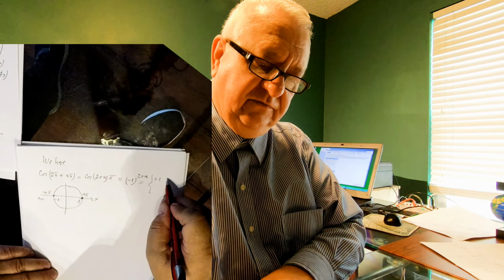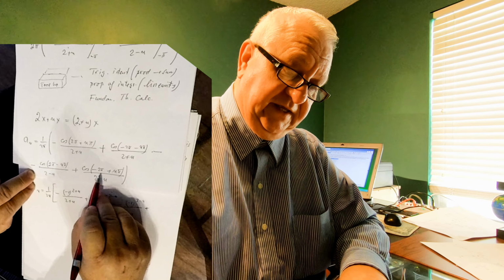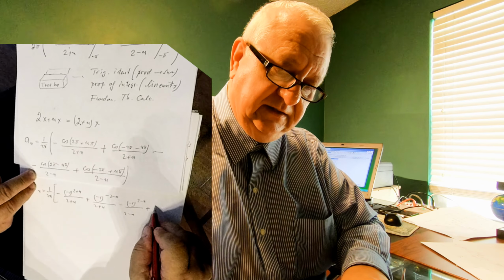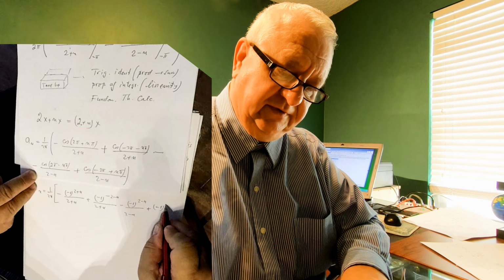It goes simple. Over 2 plus n, minus minus 1 to the power 2 minus n over 2 minus n, plus the coefficient of pi here is minus 2 plus n, so minus 1 to the power minus 2 plus n over 2 minus n. We are done.